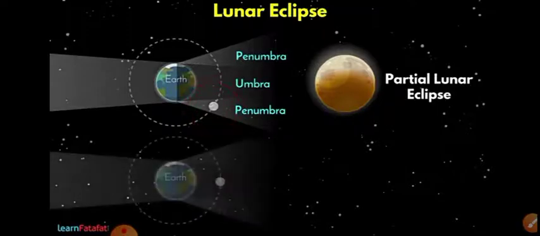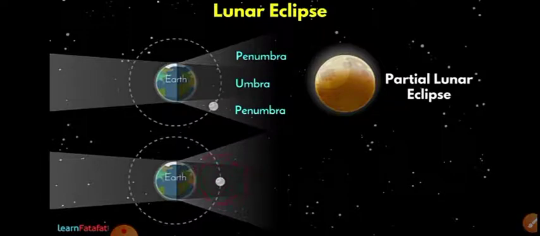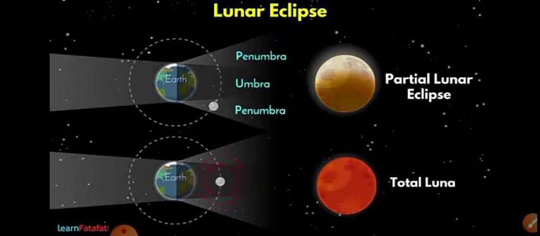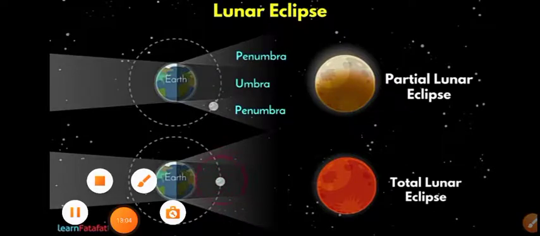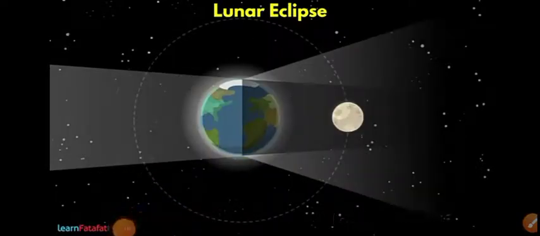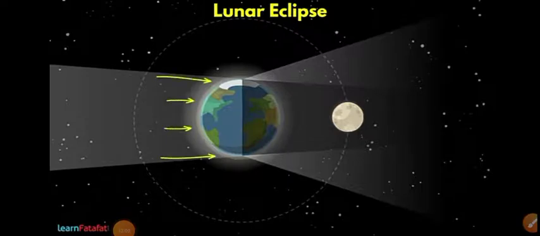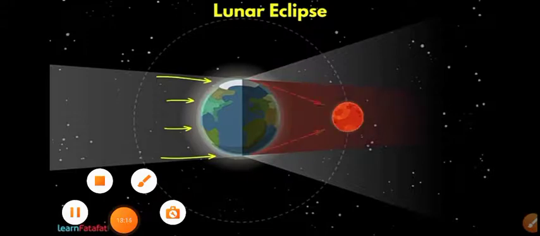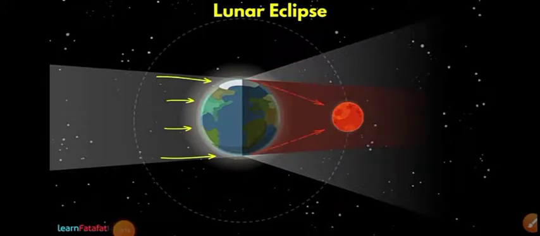So we have partial lunar eclipse and total lunar eclipse. Whatever sun rays are there, they fall on earth, and because of that we are getting umbra and penumbra, and we also call it blood moon.